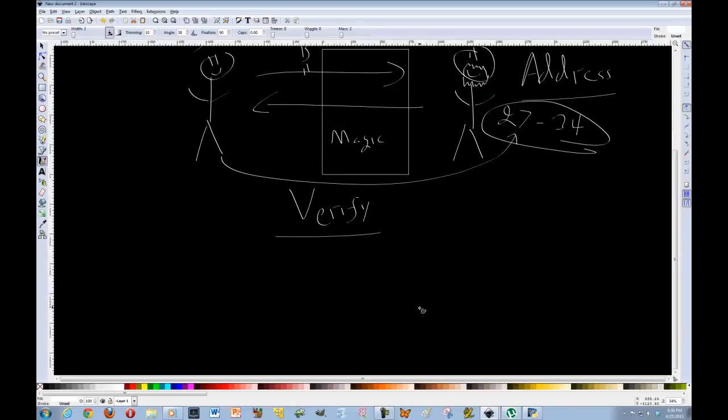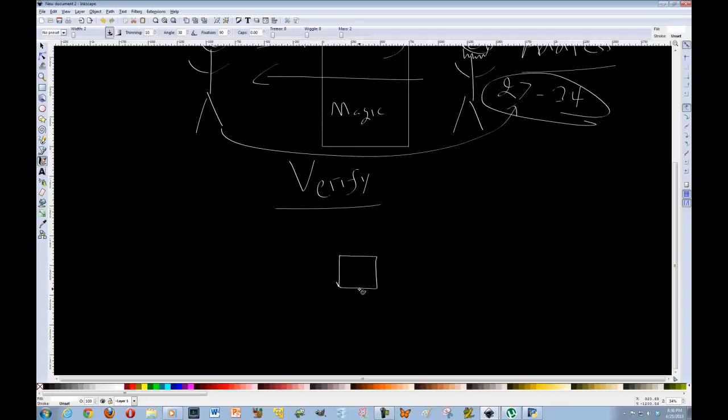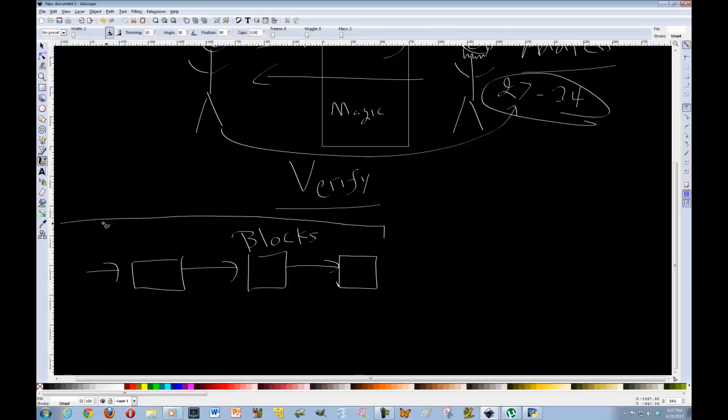So how verification works, for those of you who have watched the mining lecture, you'll have a leg up on this. Basically, the whole Bitcoin ecosystem is a result of these things called blocks. And all of the blocks together, to the beginning of time, form a blockchain.